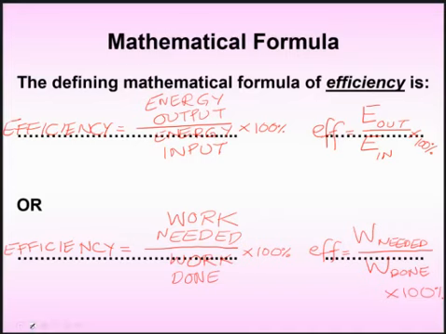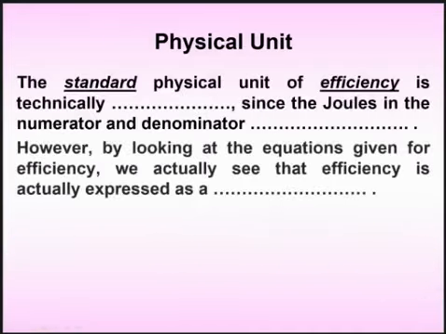So it's technically nothing or unitless, since the joules in the numerator and denominator, what do they do to each other? Cancel out. Okay. However, by looking at the equations, we see that the efficiency is expressed as a percentage.